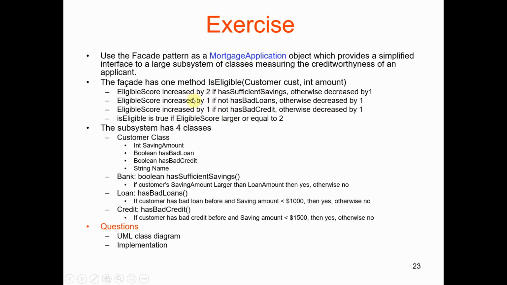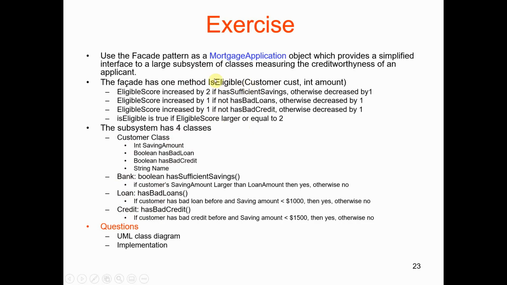So you will see that isEligible will interact with 4 classes: customer, the bank, the loan, and the credit. So you see 4 classes involved, and isEligible is responsible for forwarding the request to these 4 classes.